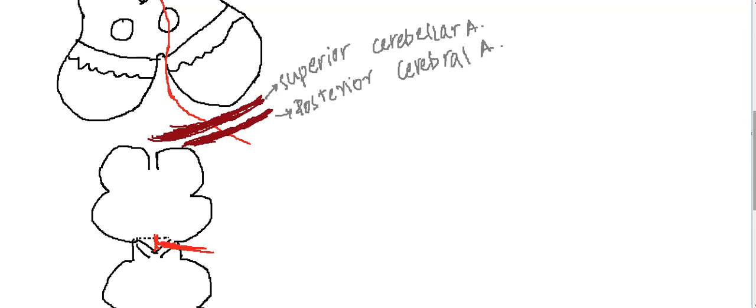So now this oculomotor nerve crosses both these arteries, the superior cerebellar arteries and also the posterior cerebral arteries. It also passes lateral to the posterior communicating arteries, and then it will cross through the tentorial notch of the tentorium cerebelli to enter the middle cranial fossa.